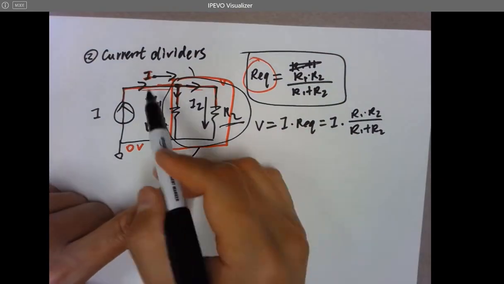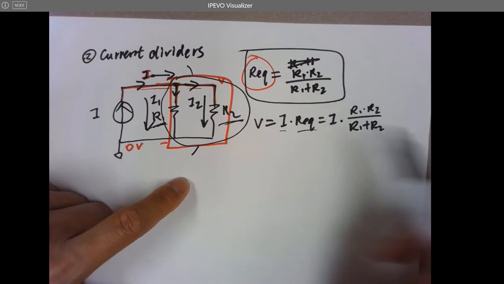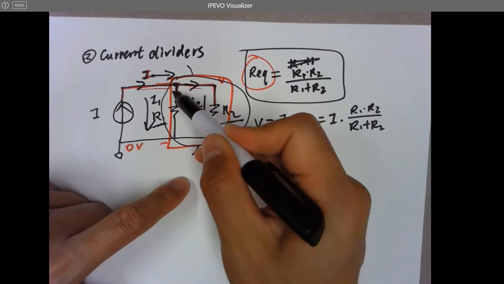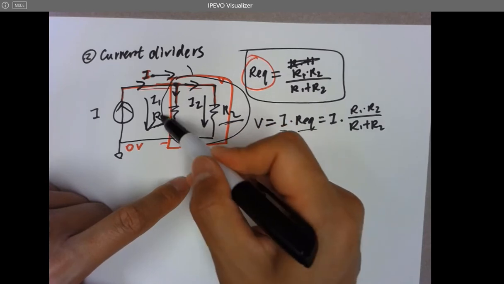So that's V calculated using I and R equivalent. And they also have the same V. For example, if we just look at the first branch, it has the same V, but the current is just I1 and the resistance is R1, so V equals I1 times R1.